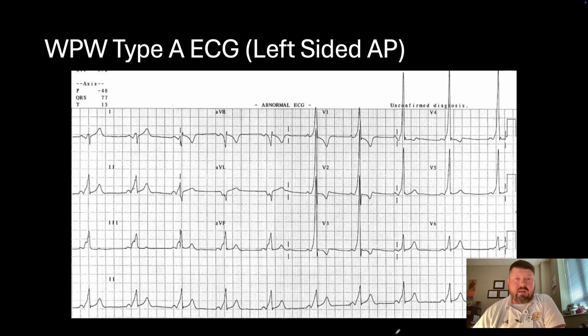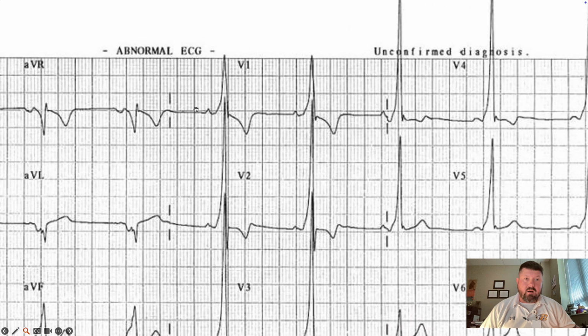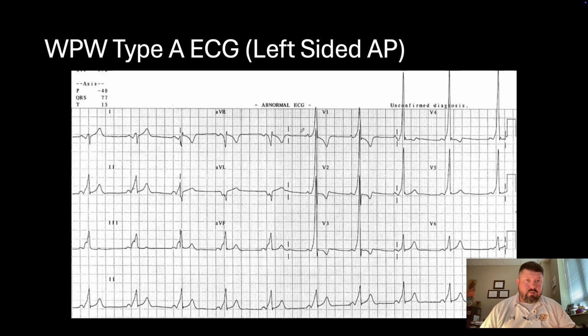So with the left side, the dominant R wave in V1. Remember from earlier review, we talked about the R wave progression in your precordial leads, but in this case you don't have an R wave progression, you actually have a dominant R wave, but you've got a delta wave right there. So note your delta wave.